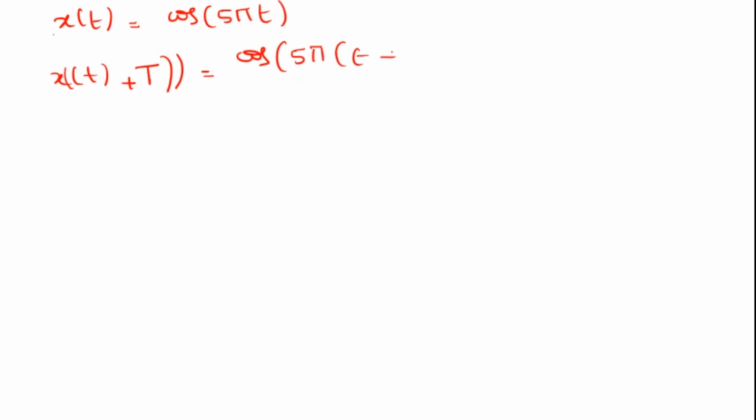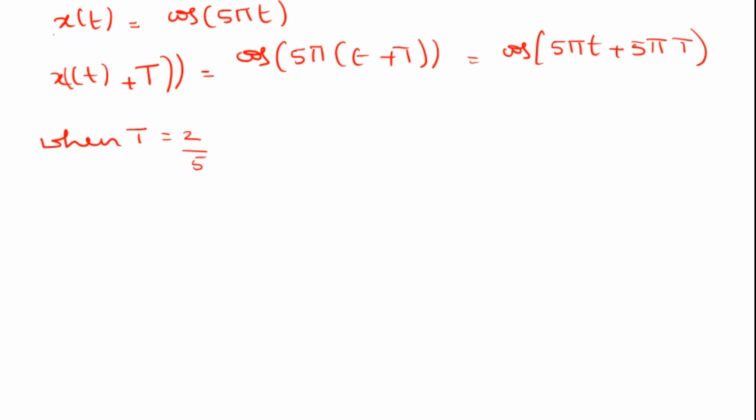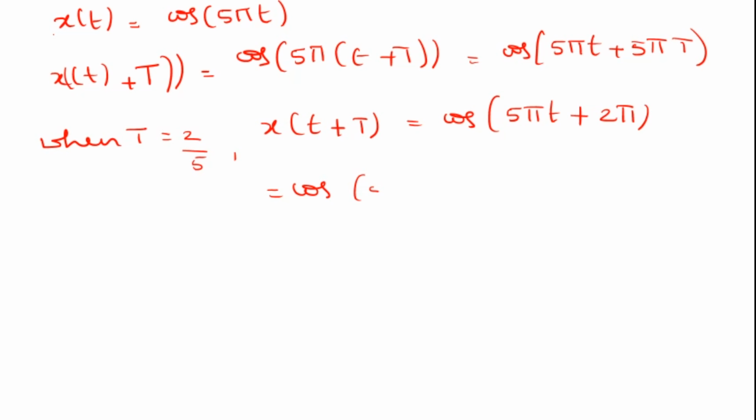Next, x of t is equal to cos of 5 pi t. Then x of t plus T is equal to cos of 5 pi into t plus T, which is equal to cos of 5 pi t plus 5 pi T. When T is equal to 2 by 5, then x of t plus T is equal to cos of 5 pi t plus 2 pi, which is equal to cos of 5 pi t, which is equal to x of t.